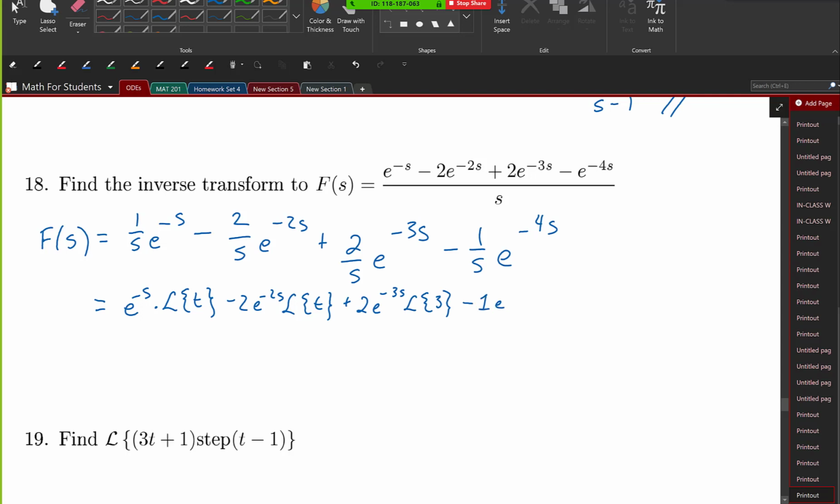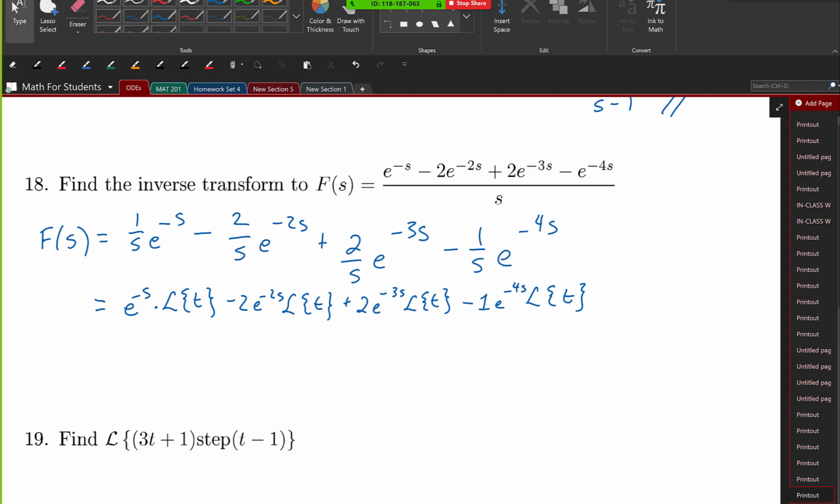Minus 1 e to the minus 4s times the Laplace transform of t. Everyone see how I did that?